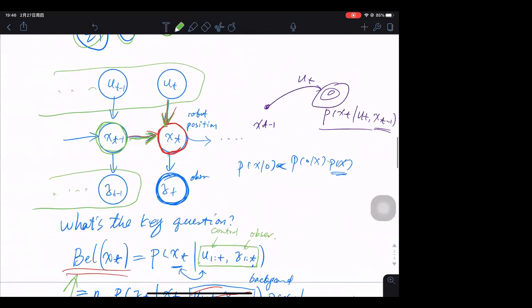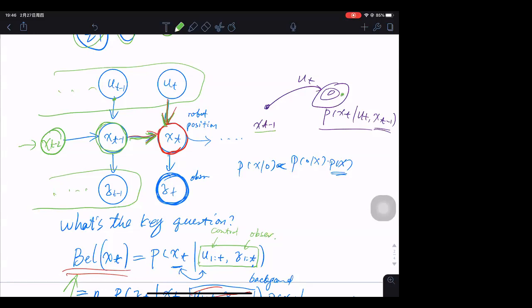That can also be seen on the graph, right? If you know about xt minus 2, you can use that to compute xt minus 1 with the help of ut minus 1, and you can further evolve. On the right side, previously it's xt minus 1. When I apply ut, you get this distribution.